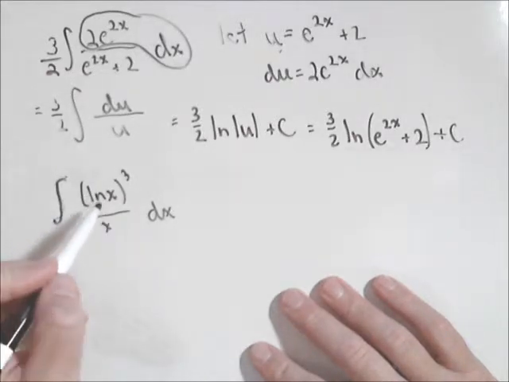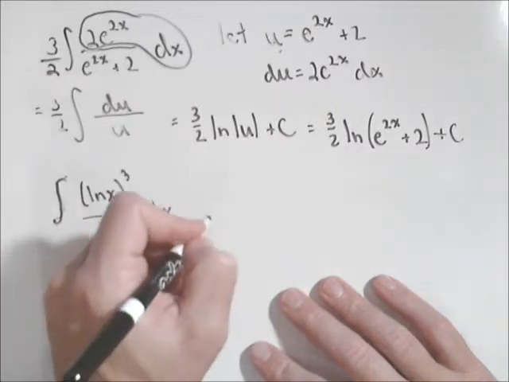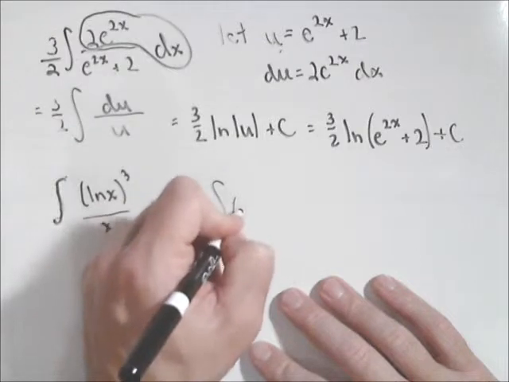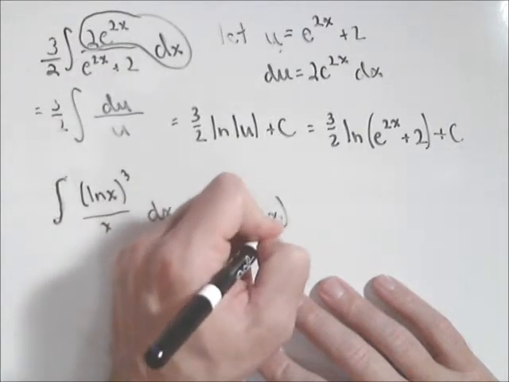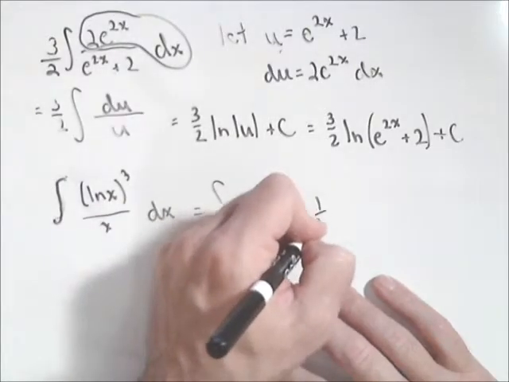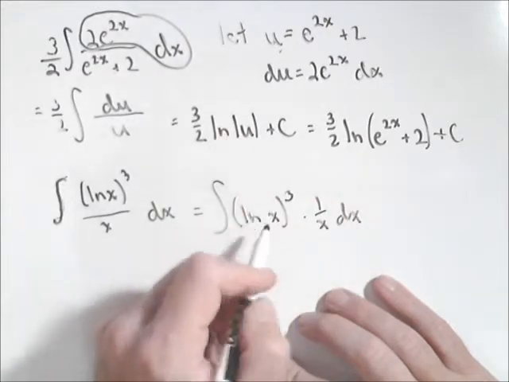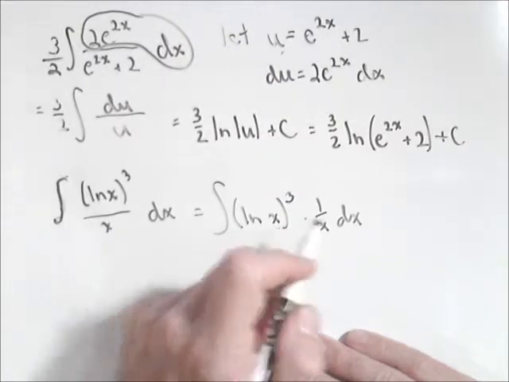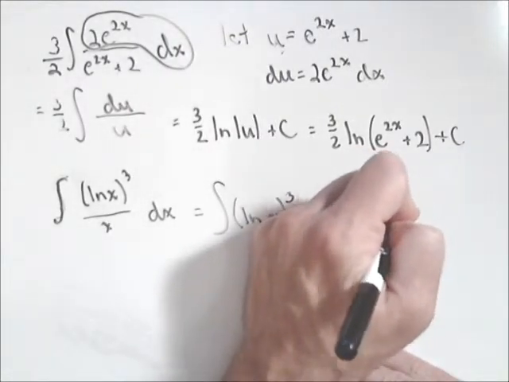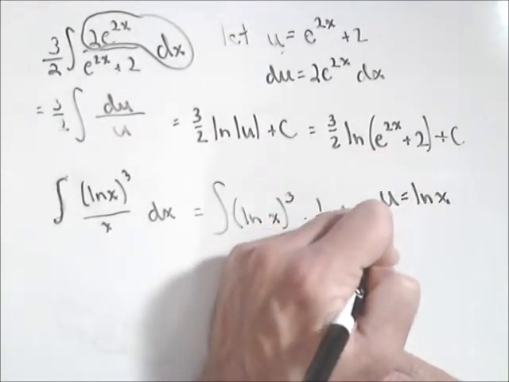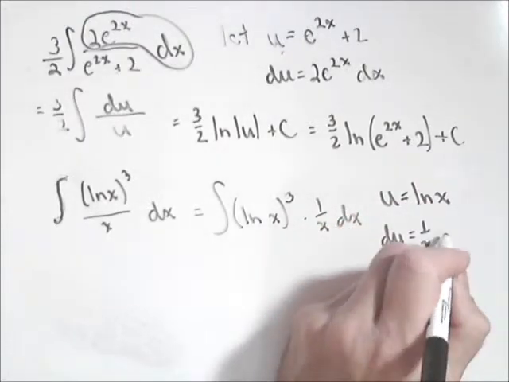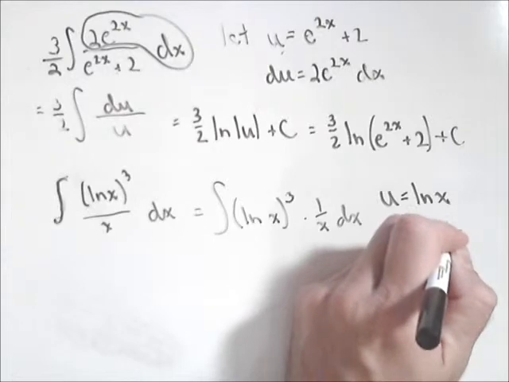Well, I know the derivative of ln of x is 1 over x. Let me rewrite this so it may look a little more obvious. I could rewrite this as ln of x cubed times 1 over x dx. The derivative of ln of x is right here, so that tells me it's a u-sub with u being ln of x, because my du then is 1 over x dx.